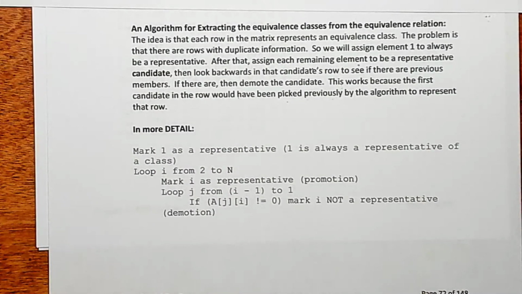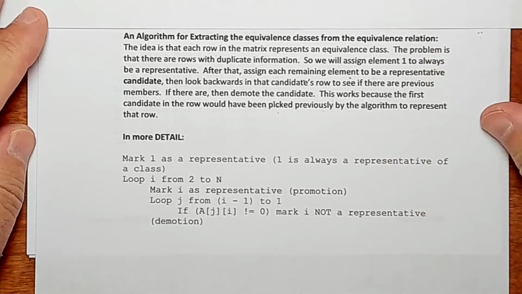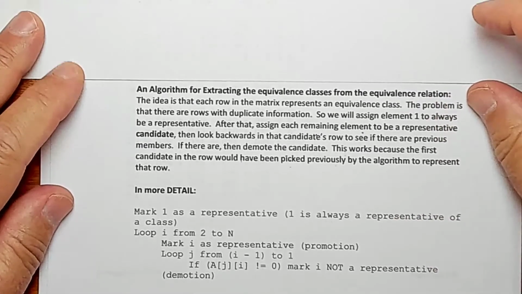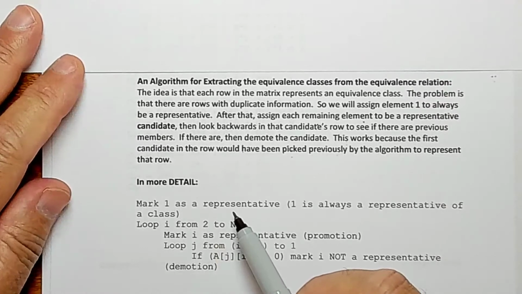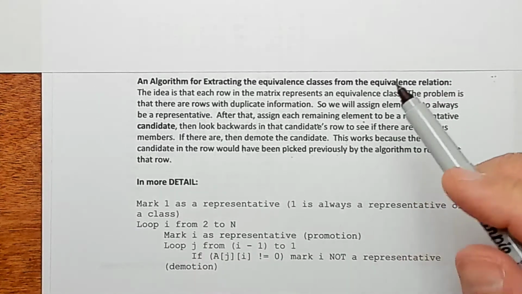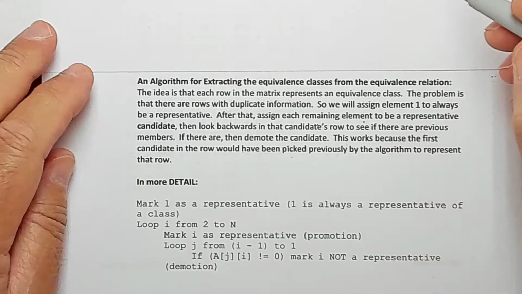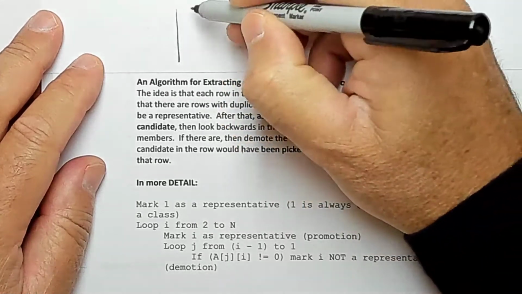And here it is. Let me execute this for you, all right? Note that the first element of this original set is always going to be a representative. Here, let me redraw this one more time.